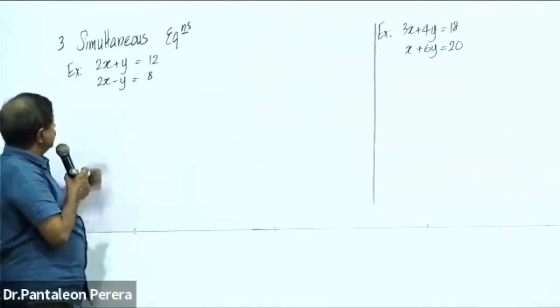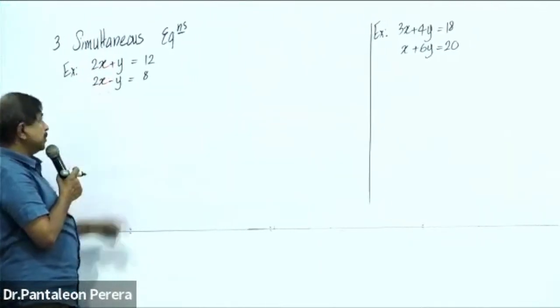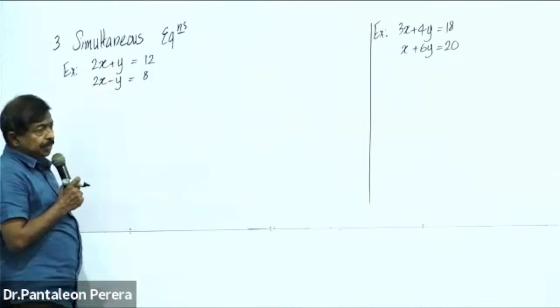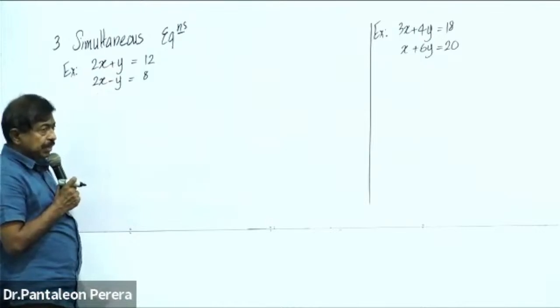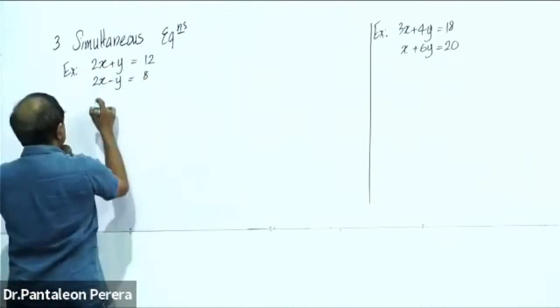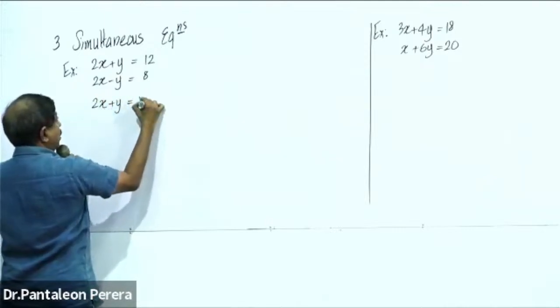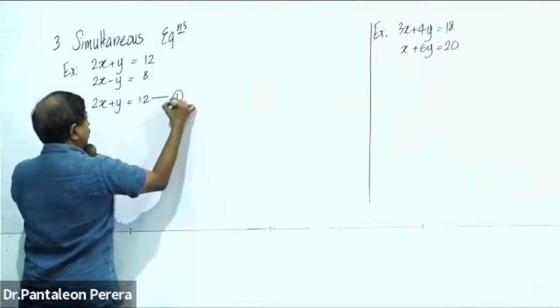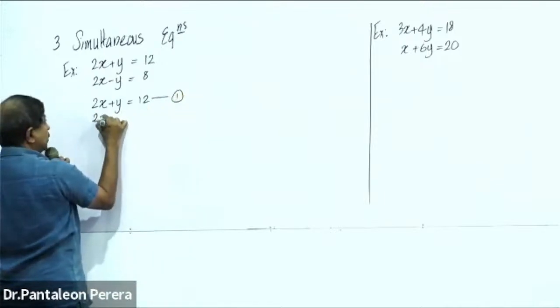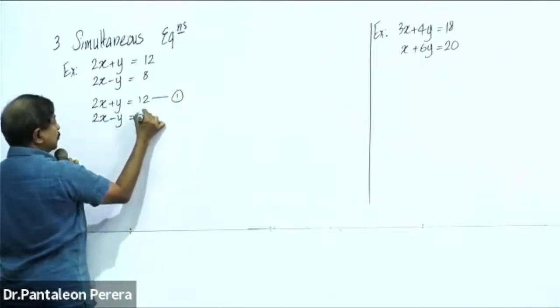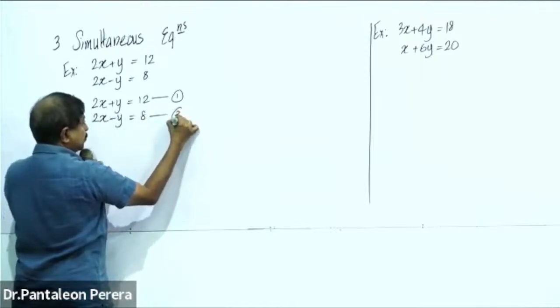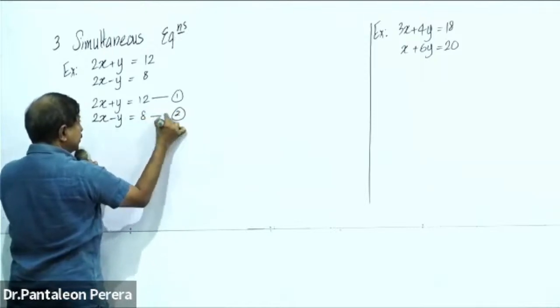In this case, these coefficients are the same, so by addition or subtraction, you can eliminate one variable. This is the simplest form of simultaneous equations.